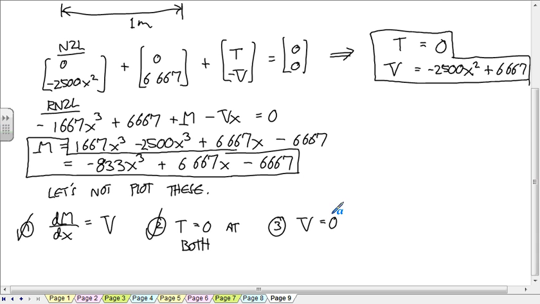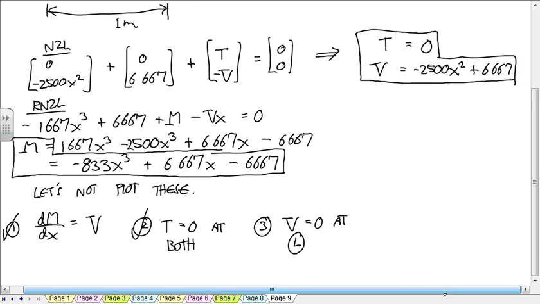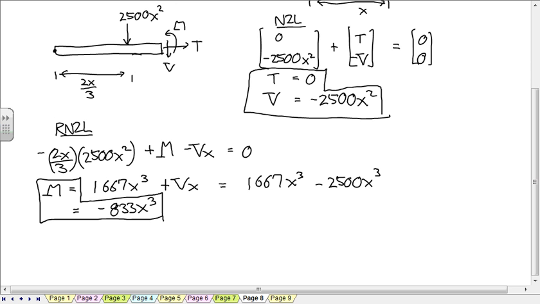So V should be equal to 0 at the left end. And if you plug, oh yeah, this is not valid on that first interval, right? This function is valid only on the second half of that beam. So in order to figure out what's happening when x is equal to 0, we have to go back to that first function.